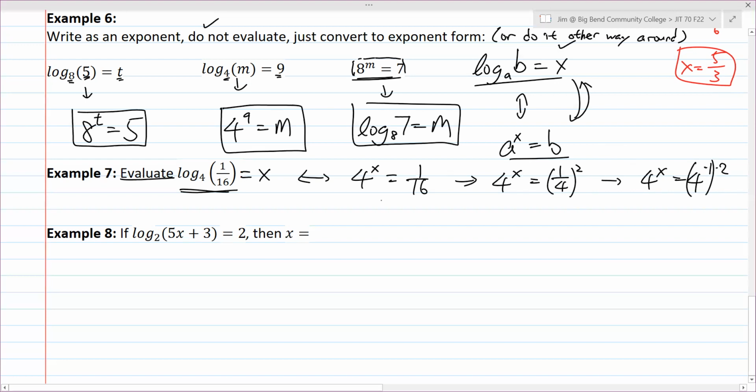And then what do you get? You have 4 to the x equals to 4 to the -2. Now the like base is found, so we learn that x equals to -2. So we found the x, right? That's the answer. That's -2. That's exactly what you're doing in this problem.